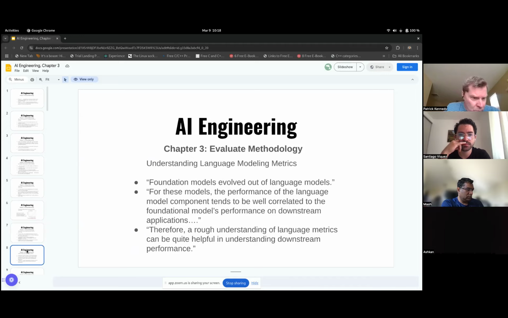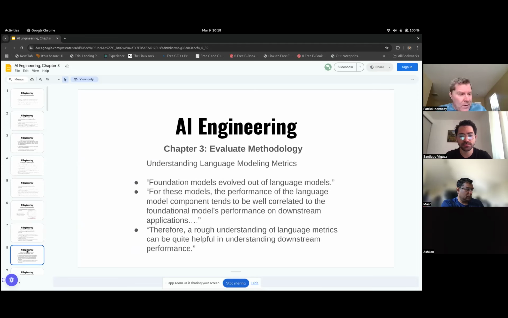Okay, so now we're on slide 8. Foundational models evolved out of language models. For these models, the performance of the language model component tends to be well correlated to the foundation model's performance on downstream applications.